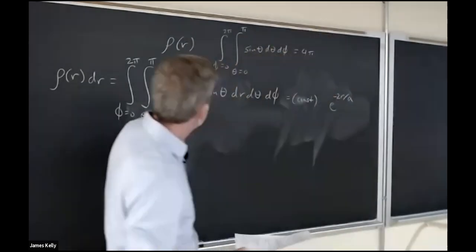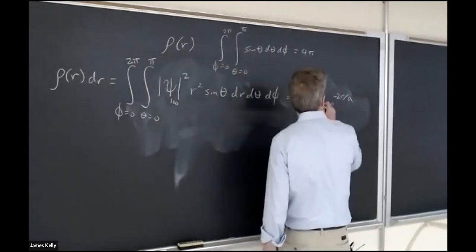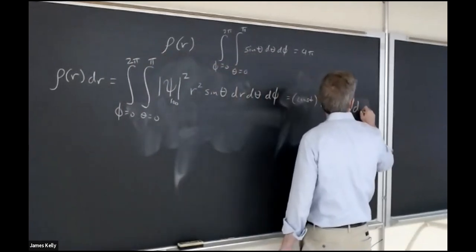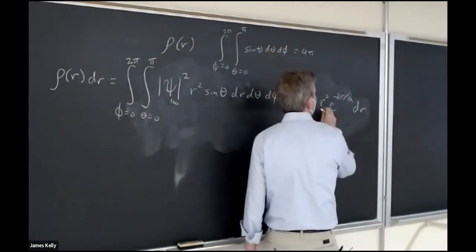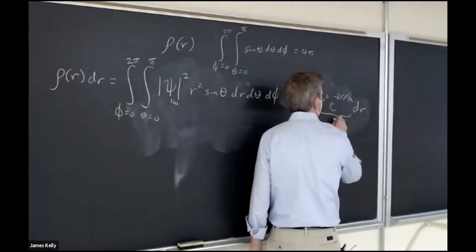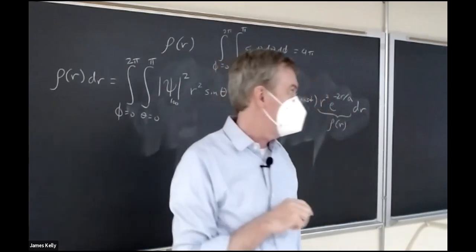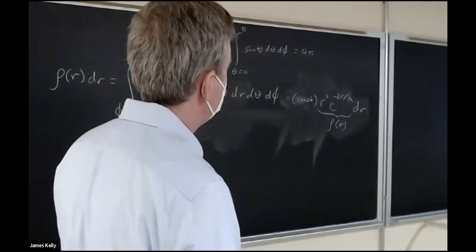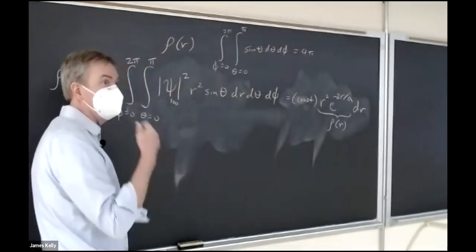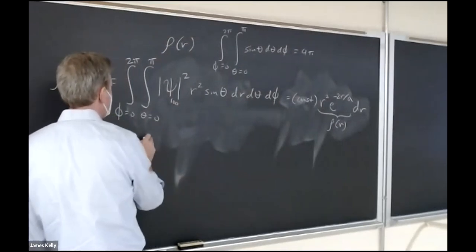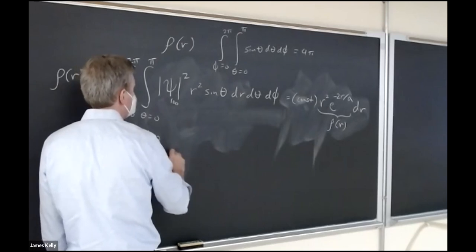And the only other thing I'm left with here is the r squared and dr, right? Okay, so up to a constant, this is the important part of my rho of r. Rho of r is at least proportional to that thing there. And I want to find out where it is maximal. So as a step towards that, let's take the derivative of rho with respect to r.